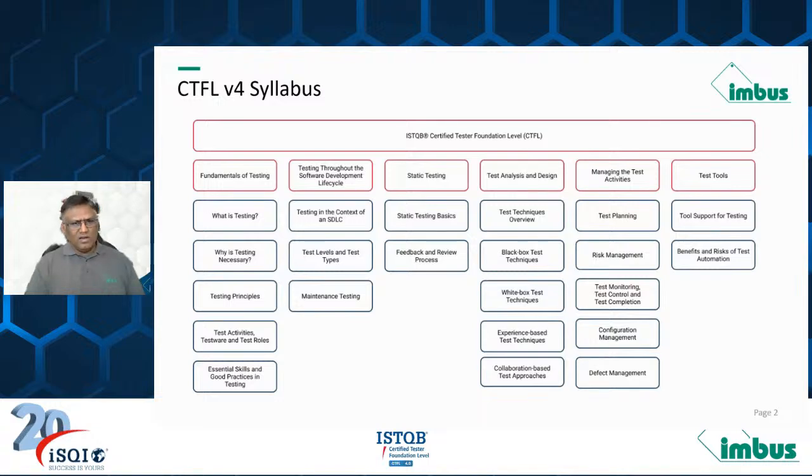Just to introduce the syllabus, I'm focusing on the new concepts compared to the traditional certification, which is Foundation 3.1. We did talk about some of the fundamentals, which include the benefits of testing and some of the essential skills. Here in the Agile syllabus with version 4, we're going to talk about the teams, the roles, and the whole team approach.